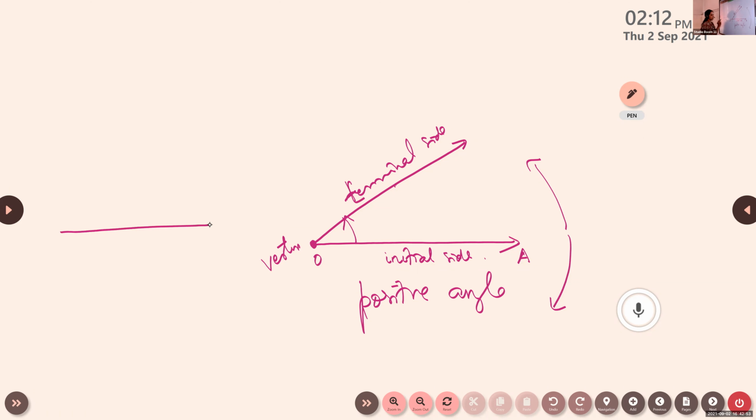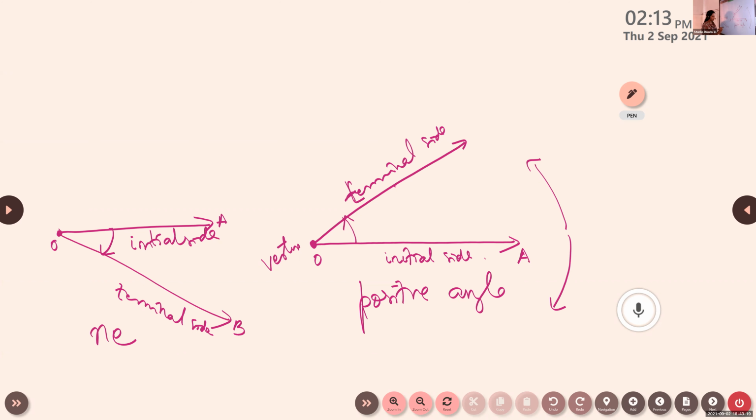Suppose this is the initial side, this is the vertex, and OA is the ray. Suppose it ends here, B is the final point. Now we move the ray clockwise.